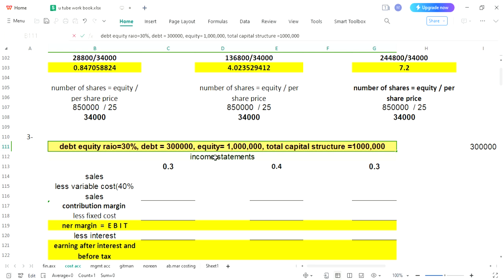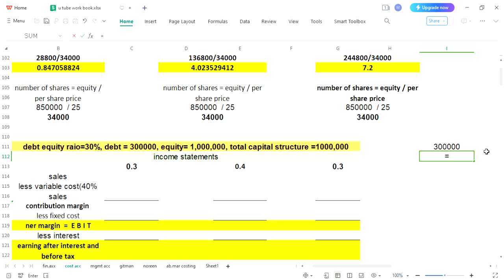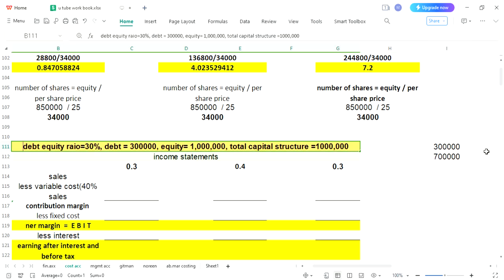Okay, and if 1 million is the total capital structure and in this we have 3 lakh as our debt, how much would be the equity? For that purpose, the total capital structure is 1 million and 3 lakh consists of debt, then the remaining 7 lakh would be your equity.